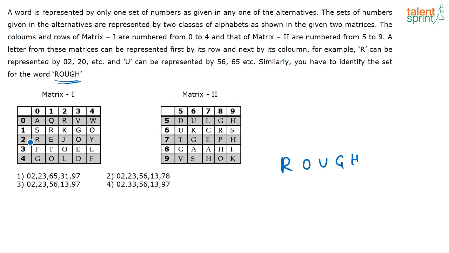The value of its corresponding row and its corresponding column, put together, you can represent that letter, correct? So here if you just look at the options and cross check which one will be the correct one. R is 0, 2, that is there everywhere. Now next you have O.